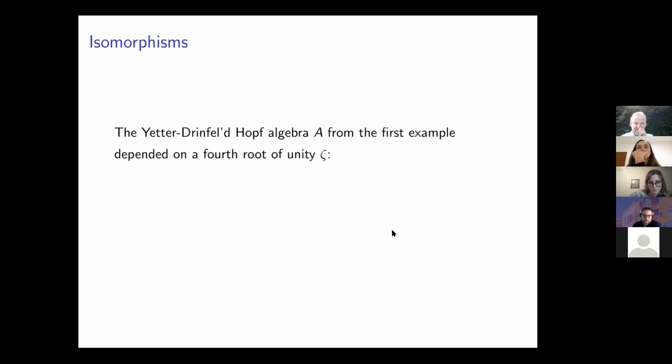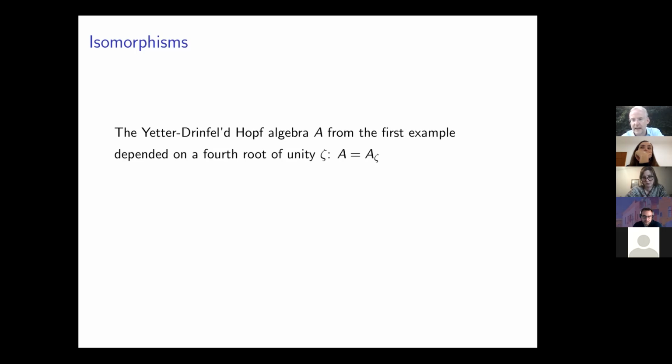In fact, I have not told you, I have cheated. The cheating was, this is not only one Drinfeld Hopf algebra, there are 4 Drinfeld Hopf algebras, because you can choose one of the 4 roots of unity. All this depends on zeta, and if you choose a different zeta, you get a different root of unity. So I now need to put this in because I want to discuss this point.